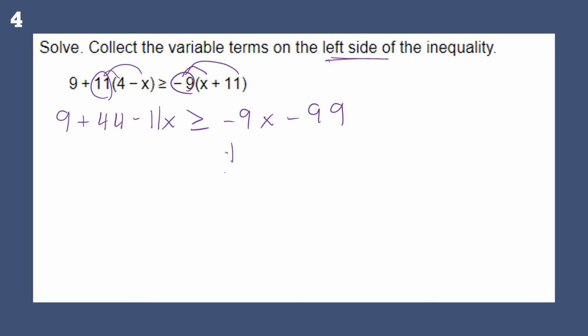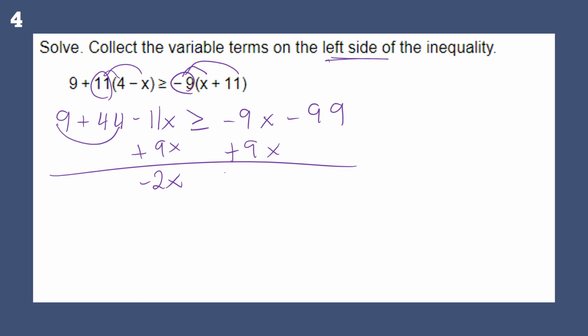I prefer to put them on the left side, but that means we have to. So I'm going to add the 9x here to both sides. And that gives me negative 2x right there. I'm also going to combine these pieces right here to give me 53. So I have 53 minus 2x, and I still have that greater than or equal to negative 99. So I have all my variables on the left. I'm going to work to get my numbers on the right.